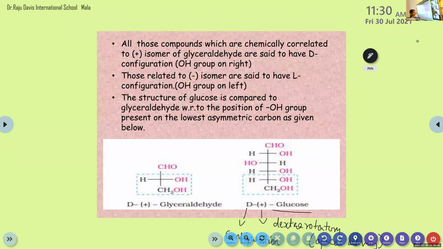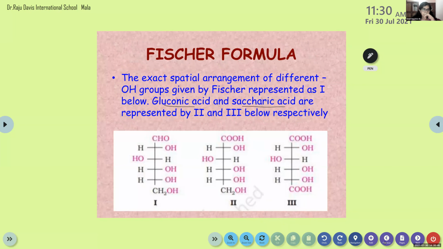Finished? Yes, ma'am. So, after this Fischer formula, we just move to this one.